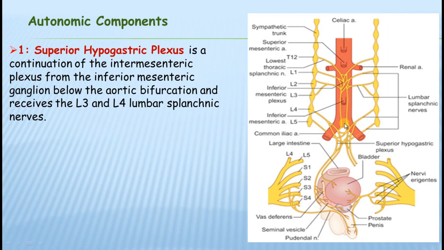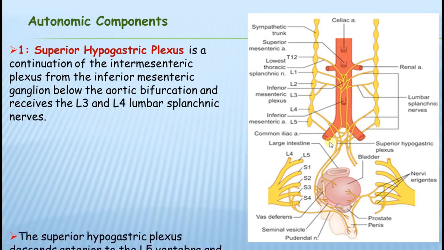Centrally, it receives nerves from the inferior hypogastric plexus. Laterally, it receives from the L3, L4 lumbar splanchnic nerves. The superior hypogastric plexus is a sympathetic plexus, and mostly L3, L4 convey the preganglionic fibers.